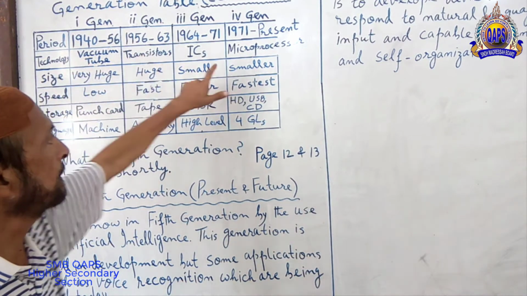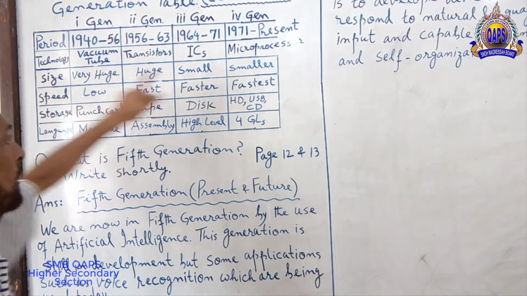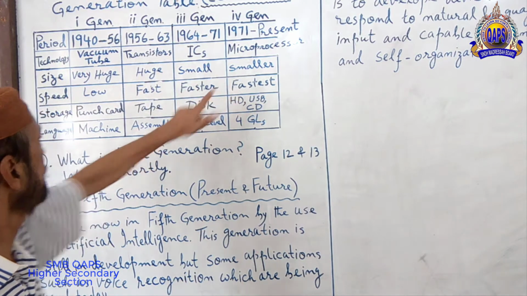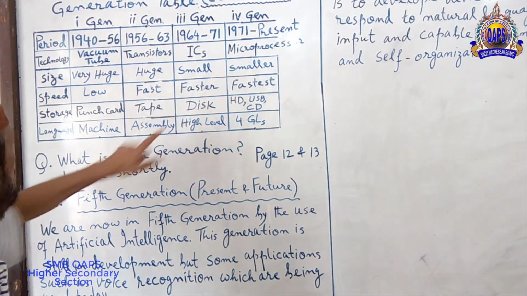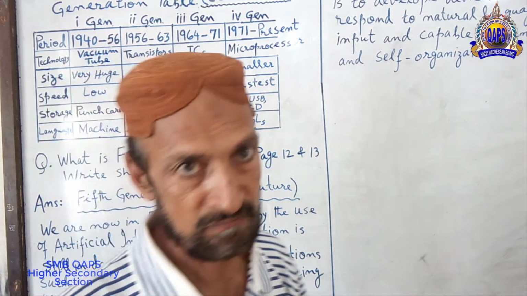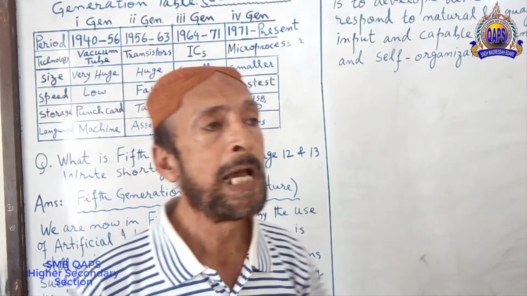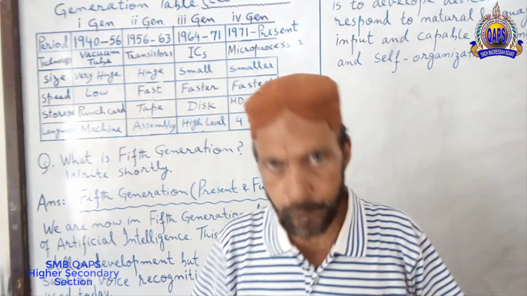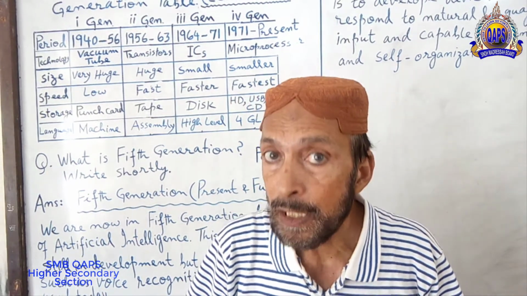Size small, speed faster, storage, disk, language, high level language. High level language starting in third generation. And now fourth generation, in which we are at the moment.